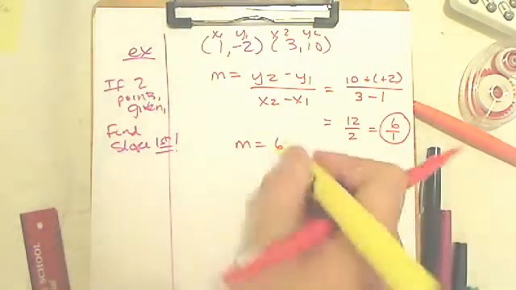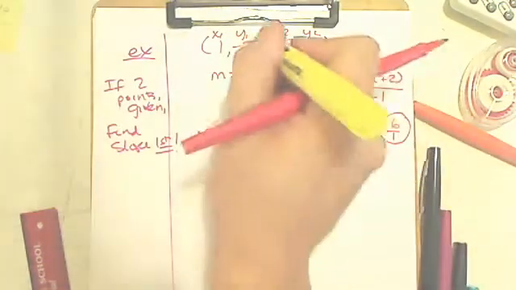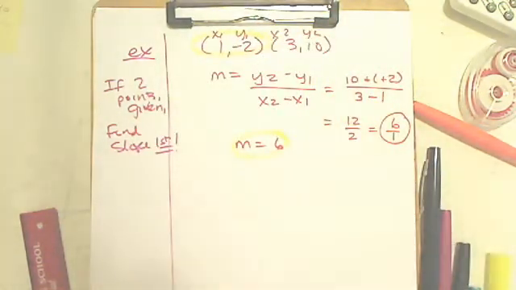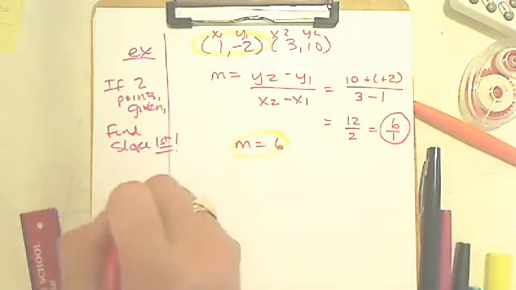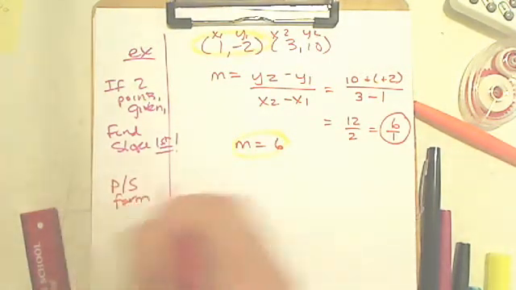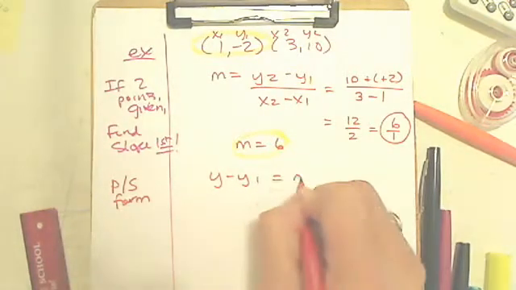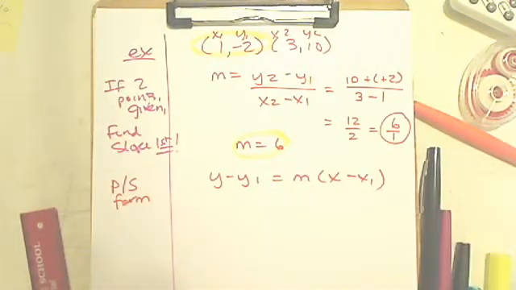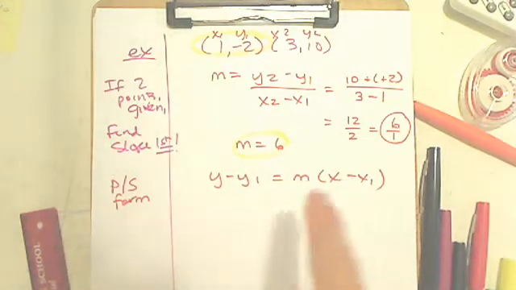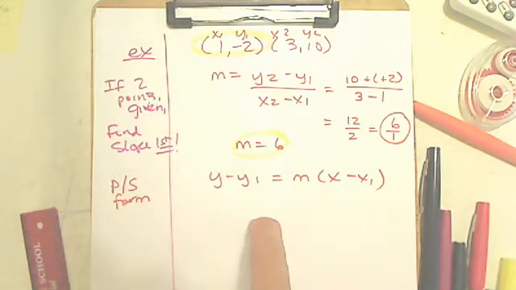Now, does it matter which point I pick? No, but because I labeled this, let's pick the first one. So now I use the point-slope form: Y minus y1 equals m times x minus x1. This will give me the equation of a line.